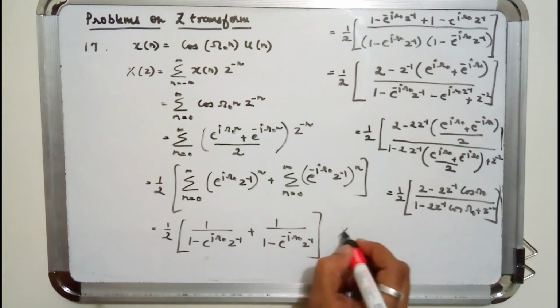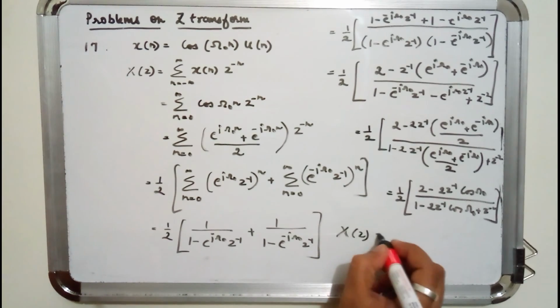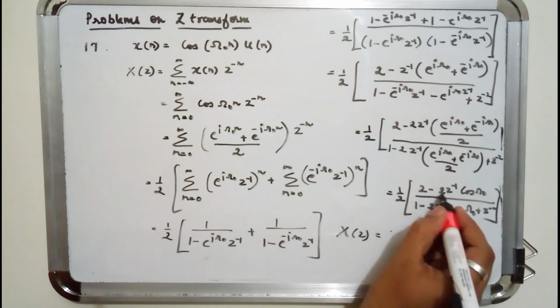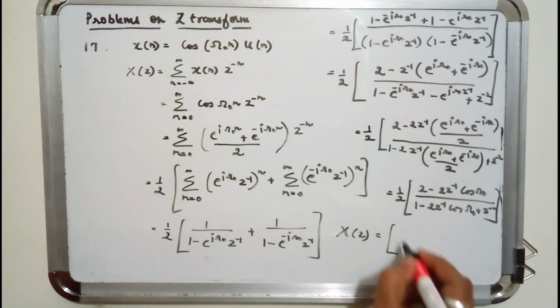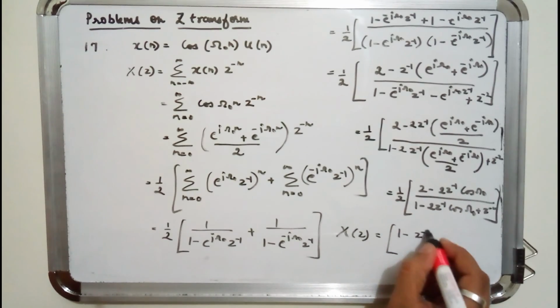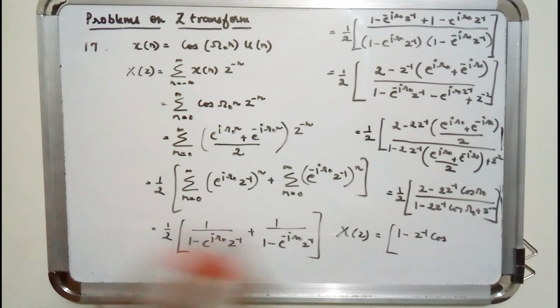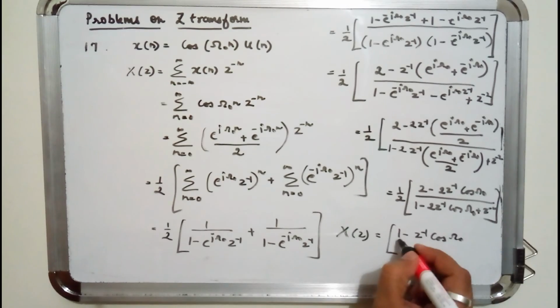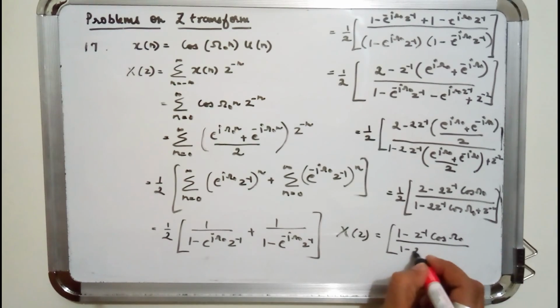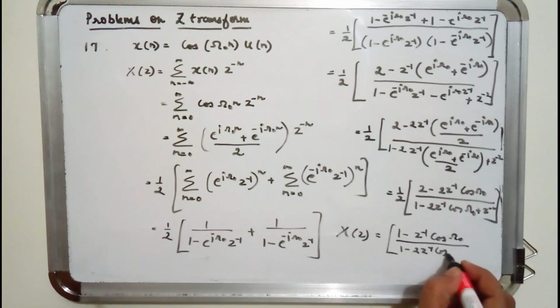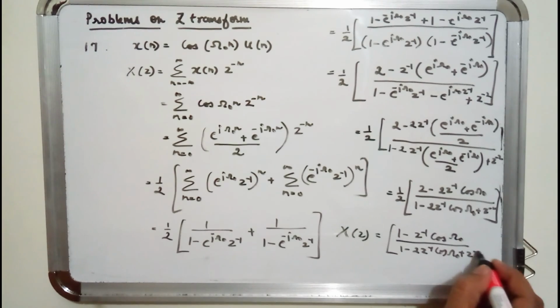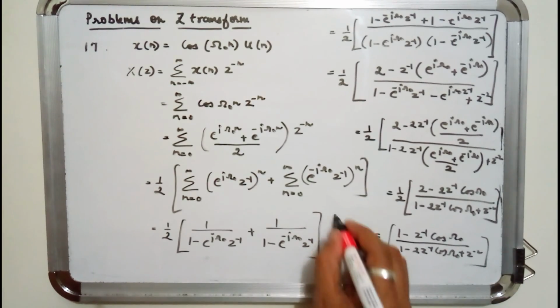So my x of z final answer is this: the 2 will get cancelled, so I will be getting 1 minus z inverse cos omega naught divided by 1 minus 2 z inverse cos omega naught plus z power minus 2.